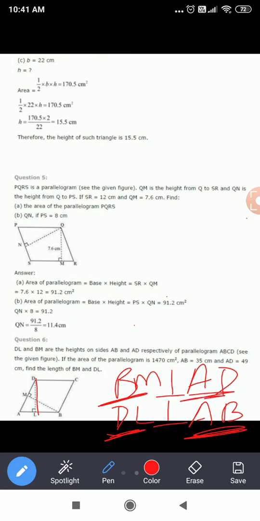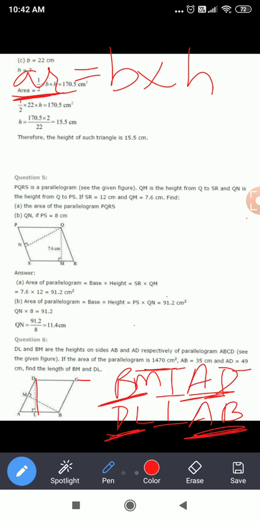Clear? If the area of the parallelogram is 1470 centimeter square, AB and AD are both bases given to us, we have to find the heights. So, area is equal to base into height. Area is given, bases are given. So, for both the heights we can find.